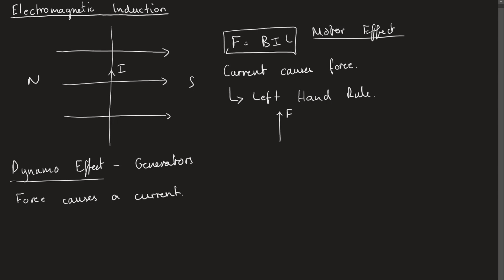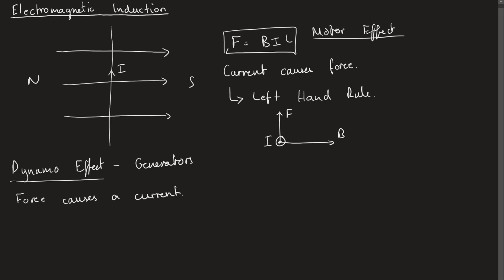Because this is going to be FBI. So if there's a magnetic field, that's your first finger, and if you were to line this up, you would end up with a current traveling out of the screen. So if there was a current coming out of the screen towards you, and a magnetic field line going horizontal in this direction, you'd end up with a force that's pushing upwards.